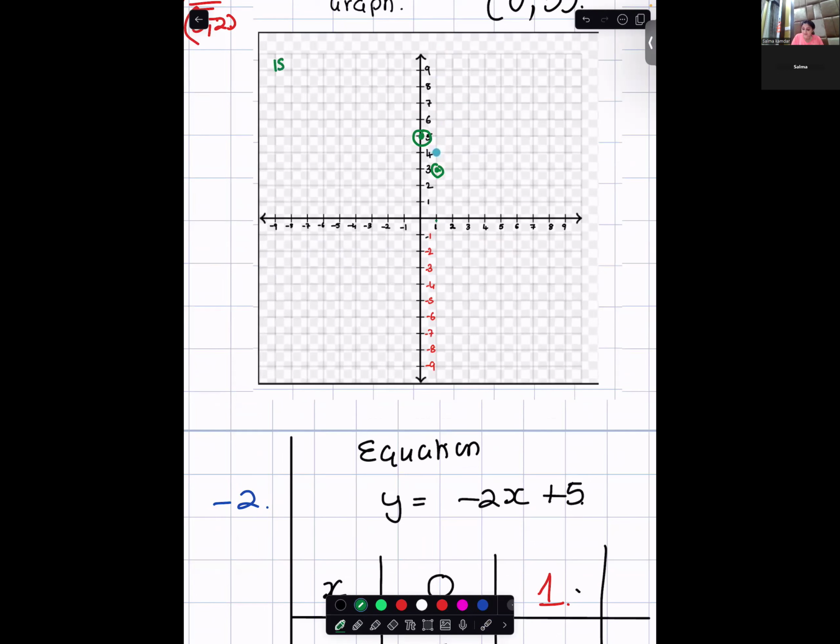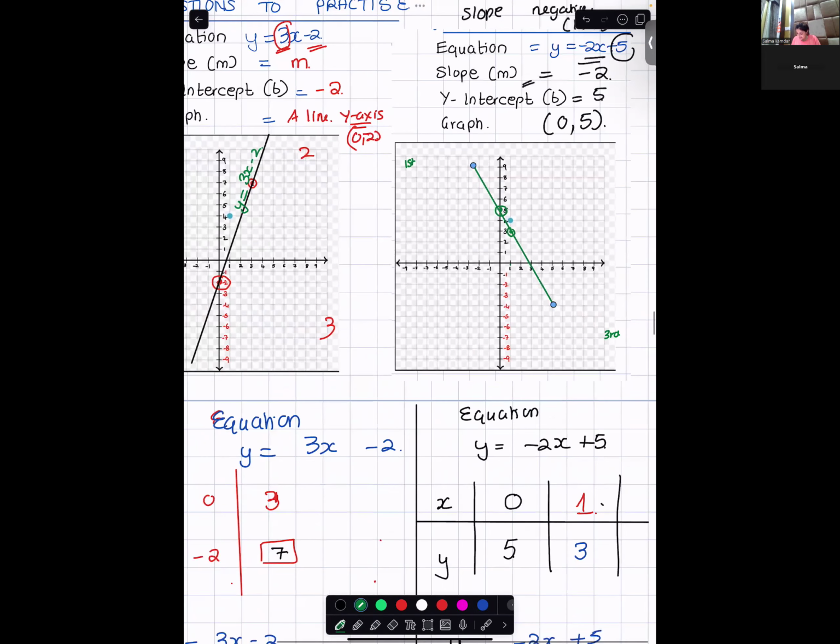Okay, but this looks like a very steep slope. You need at least 2 points to plot the graph, and that is why we substitute. We take any value as x and we find y so that we can make the line. And the line is y is equal to minus 2x plus 5.